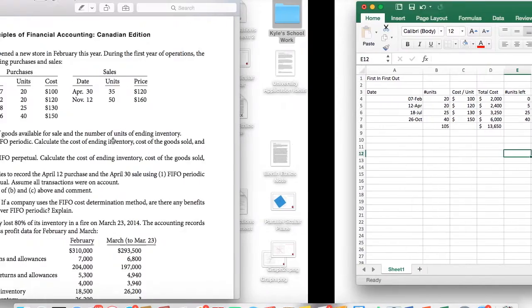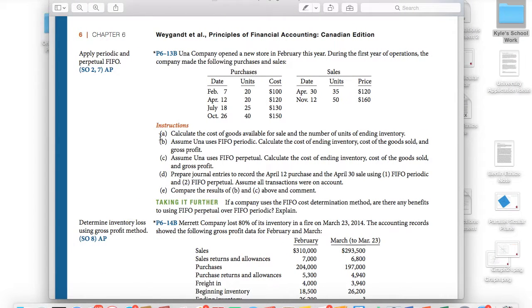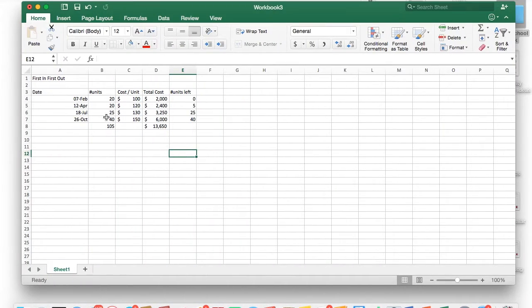Now as we go back, we can see that there is another sale for 50 units on November the 12th. This happens after all of our purchases, which is good, so we can use these purchases to account for the sale. We had a sale of 50 units, so first this goes to 0, meaning that we have 45.